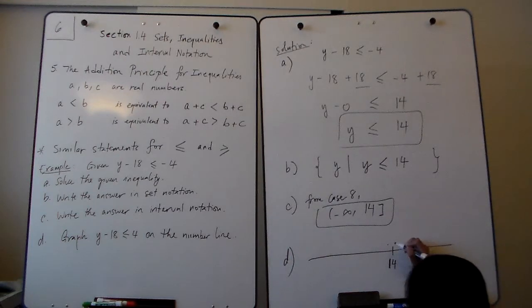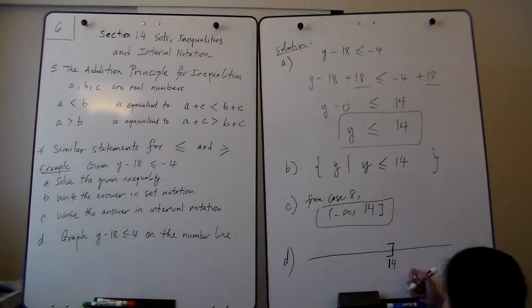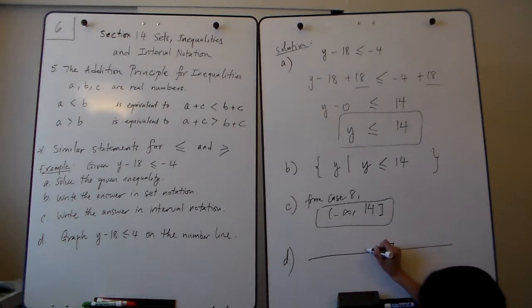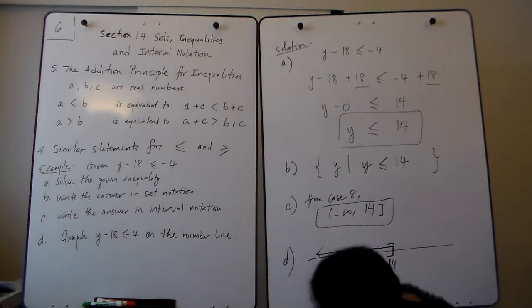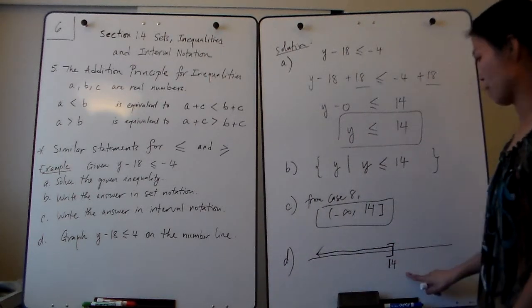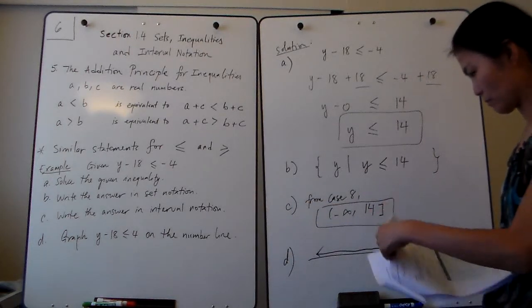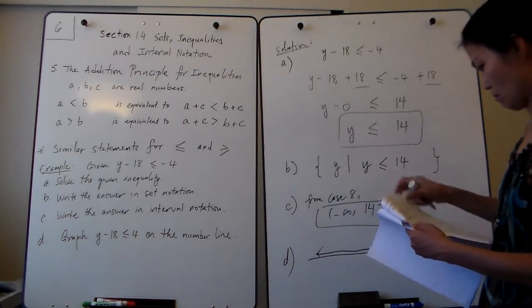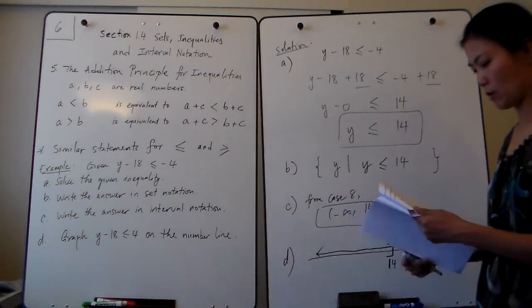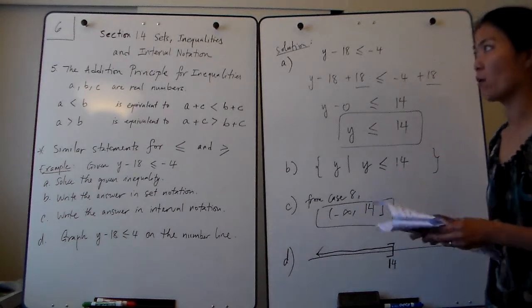So I'm going to use the bracket, okay, bracket 14, and less than means extending to the left infinitely. So this is the graph for this inequality. Okay, so with this I'm done with the addition principle for inequalities.